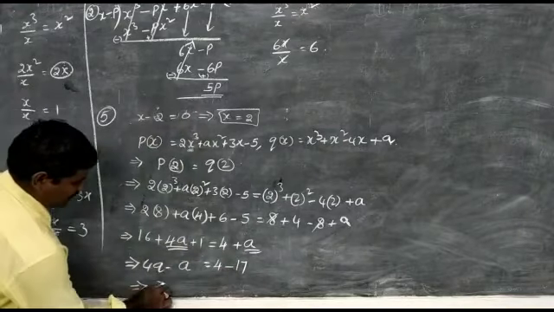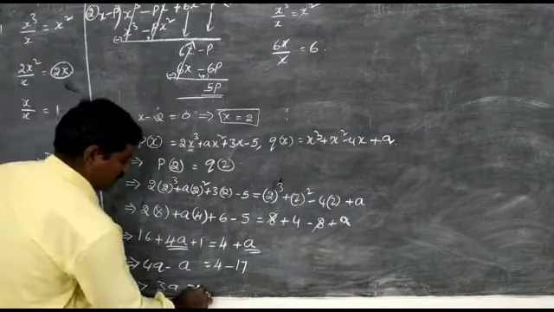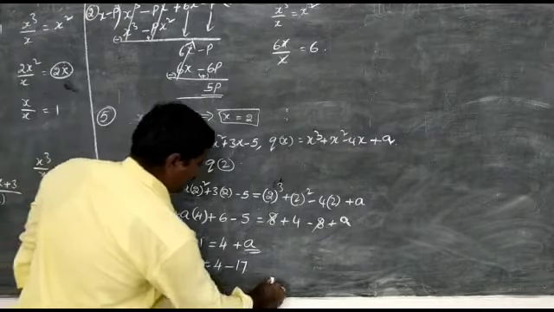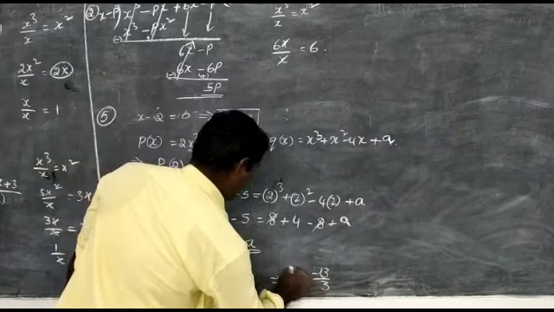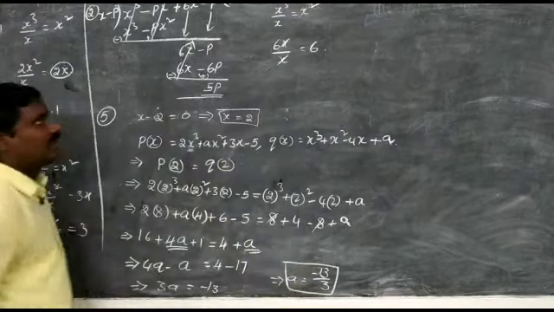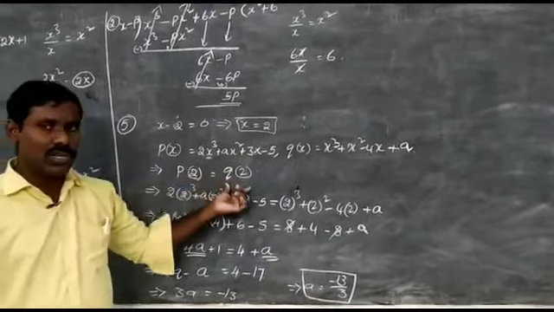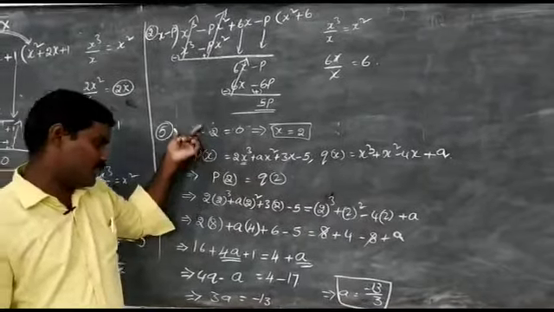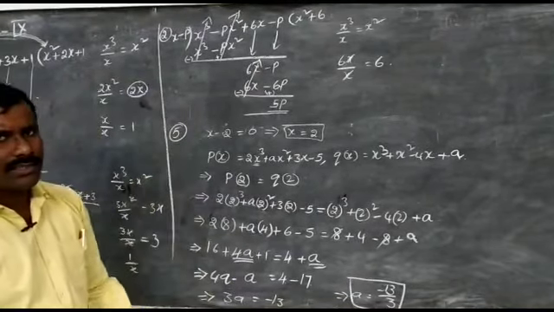From this 3a is equal to 4 minus 17, that is minus 13. From this a is equal to minus 13 by 3. When the remainders are the same, p of 2 equals q of 2 when divided by x minus 2. If we simplify like this, the value of a is minus 13 by 3.